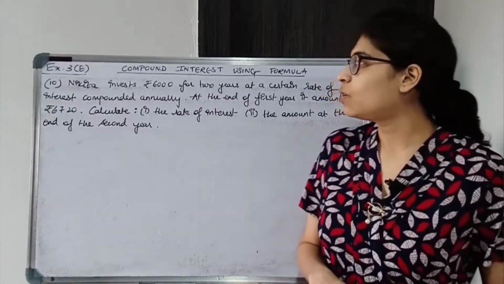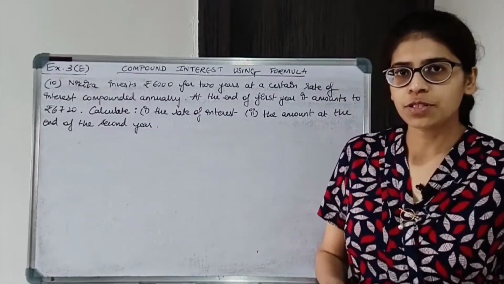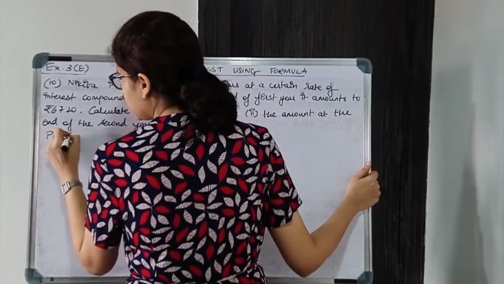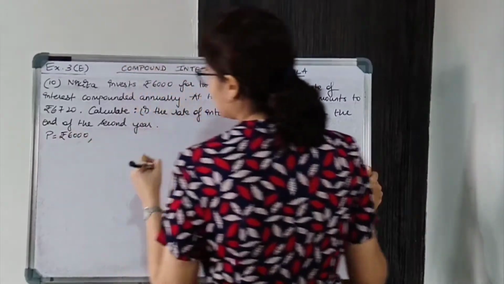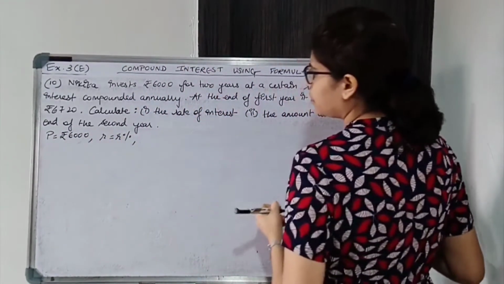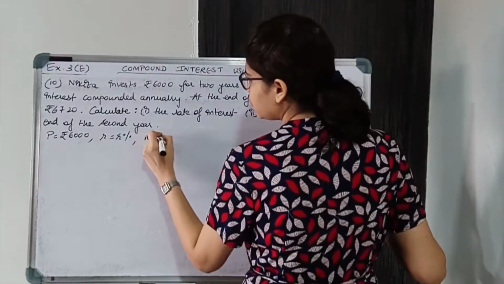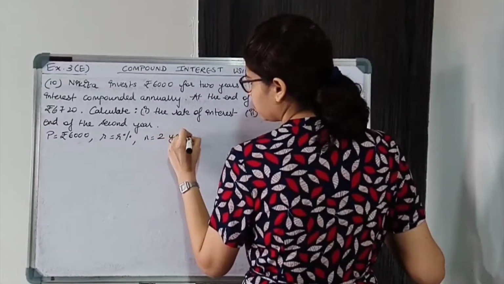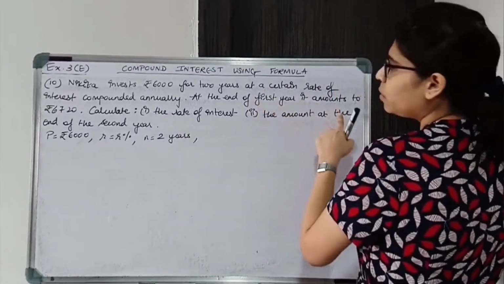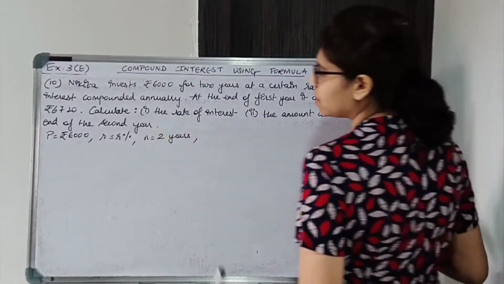So let us write down all the given information first. Principal is 6000. Rate of interest, let it be R%. N is 2 years. And amount at the end of first year is 6720.